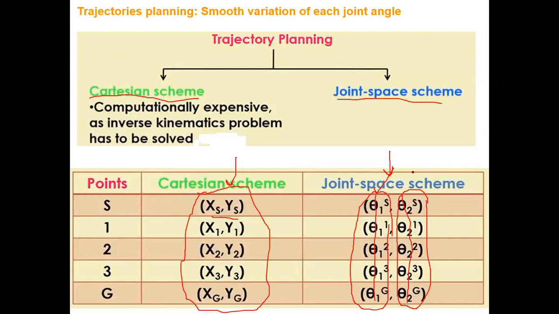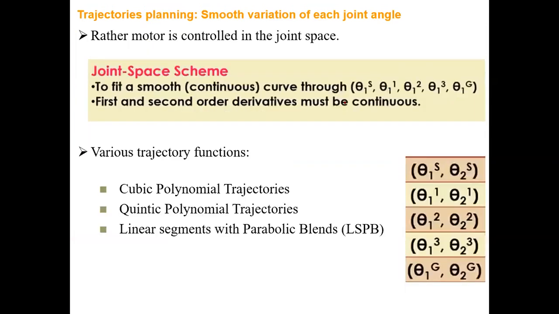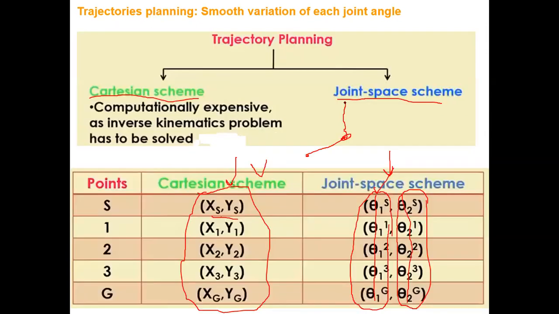And the thing is, we don't do it most of the time in the Cartesian scheme, because remember when you define the motor, you have the joint here. Each joint has a motor, right? Yeah. That motor is controlled in the joint space, not in the Cartesian scheme. So they are defined by angle.